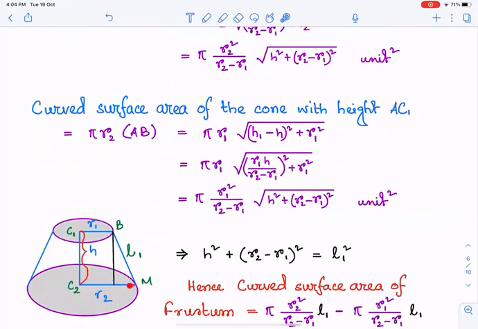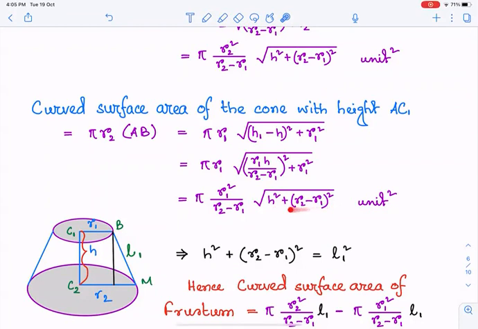This much of length is r2 minus r1, as this complete was r2 and this much is r1. So if I cut an equal length of r1 from r2, this much is r2 minus r1. So h square plus r2 minus r1 whole square, by Pythagoras, we can mark it as BM square, that is L1 square.